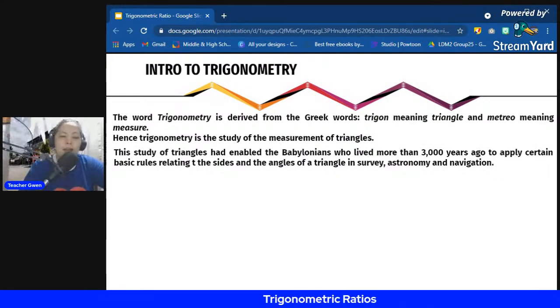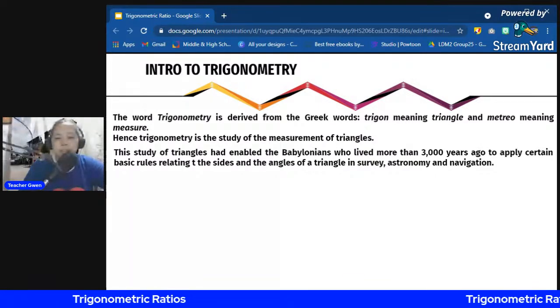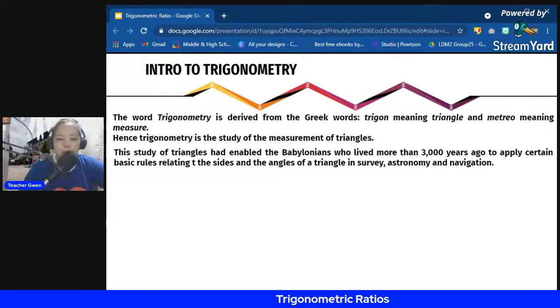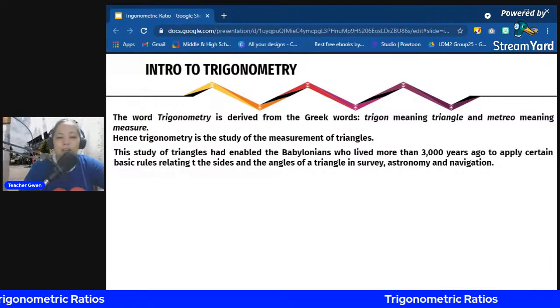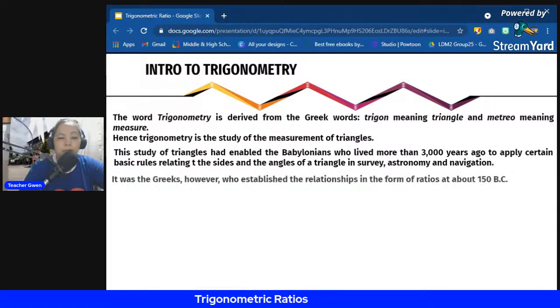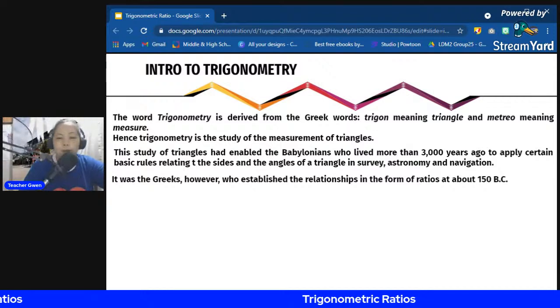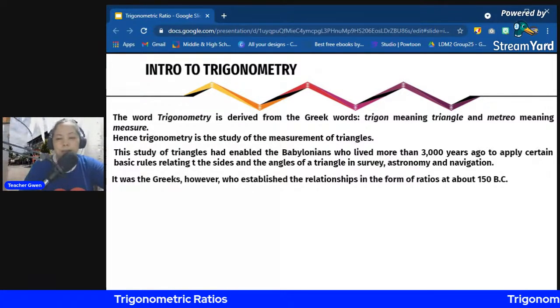This study of triangles has enabled the Babylonians, who lived more than 3,000 years ago, to apply certain basic rules relating to the sides and the angles of the triangle in survey, astronomy, and navigation. It was the Greeks, however, who established the relationship in the form of ratios at about 150 BC, or before Christ.